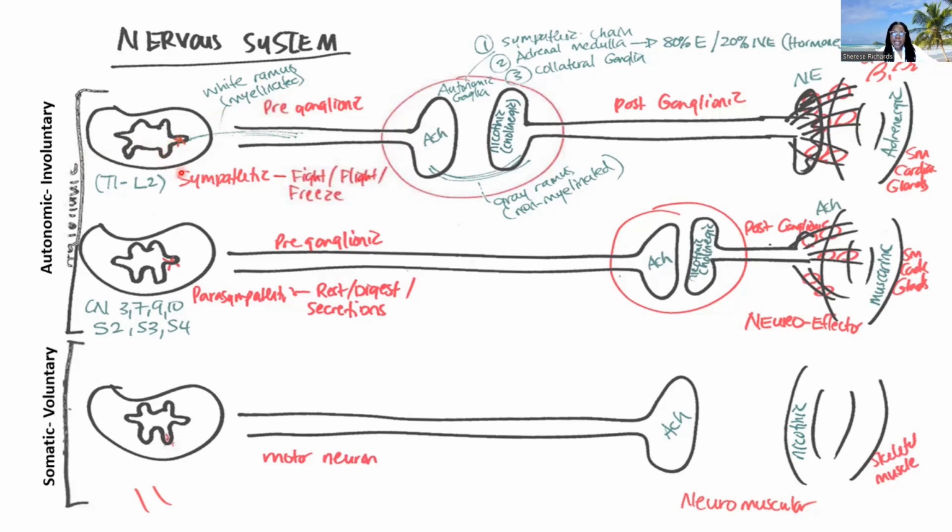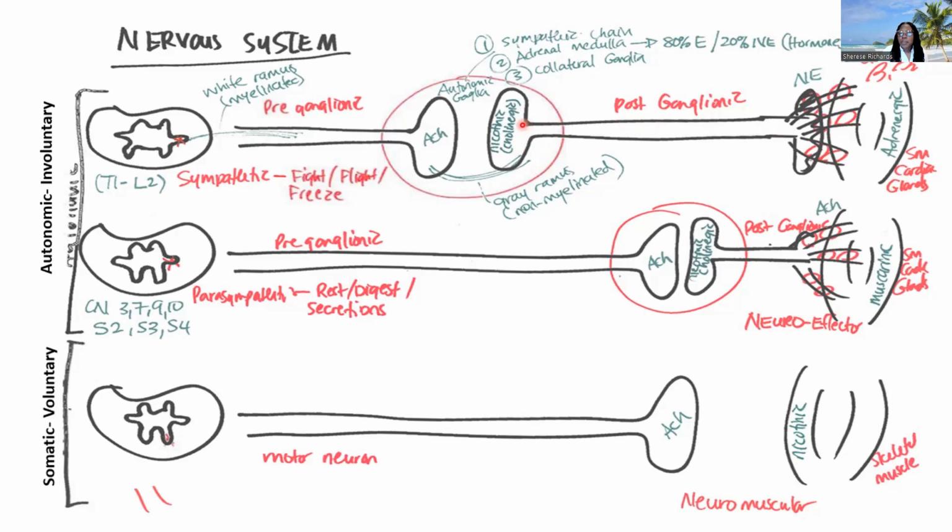Lateral horn, leaving the spinal cord through the ventral root, and then joining that spinal nerve as a white ramus myelinated fiber to form the preganglionic neuron. And then it's going to synapse, and then it's going to become a gray ramus, non-myelinated fiber as it reemerges at the ganglia and then becomes the postganglionic neuron.